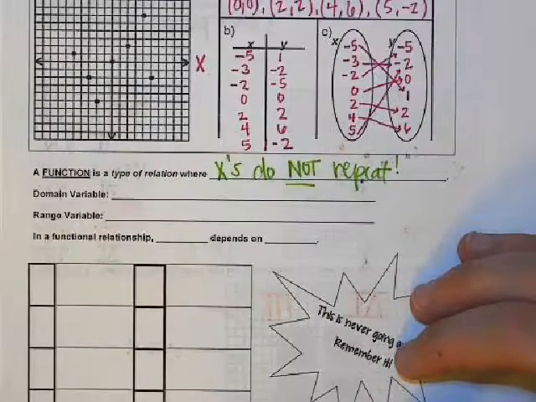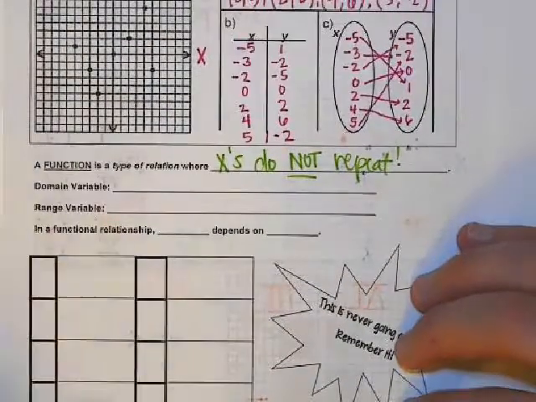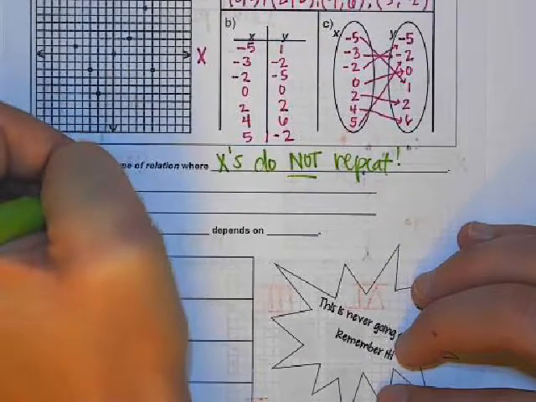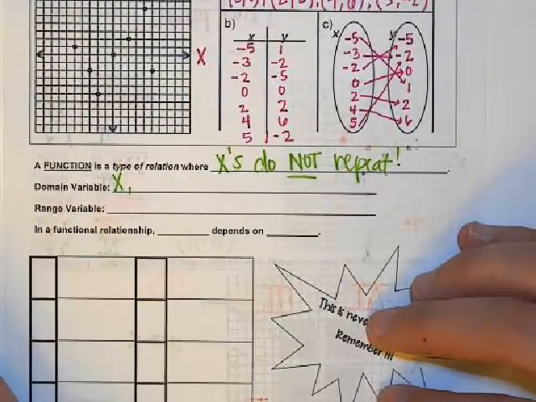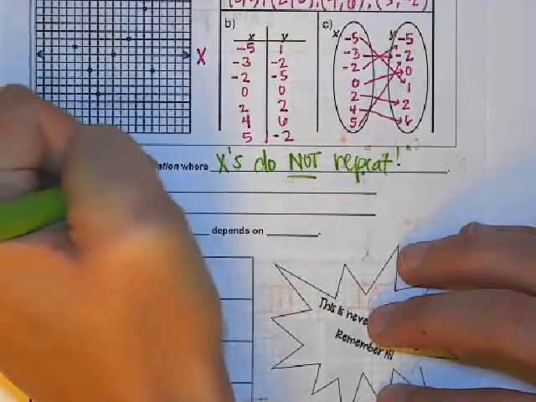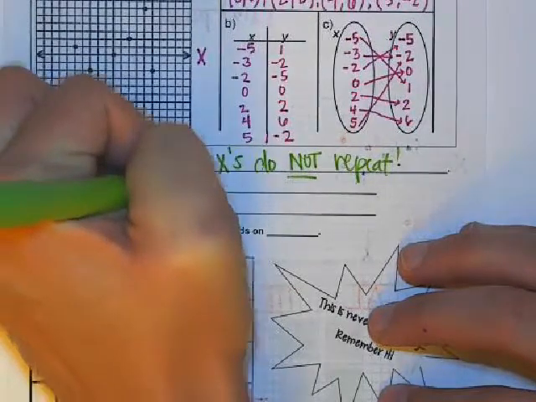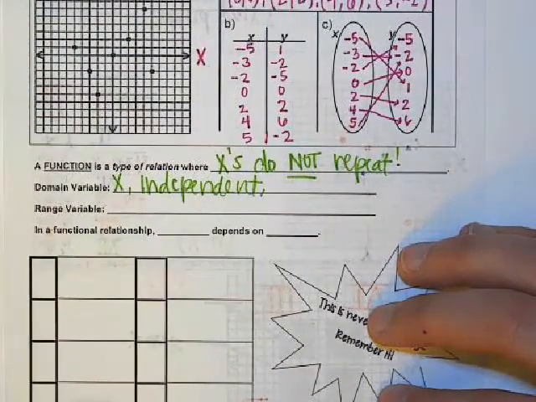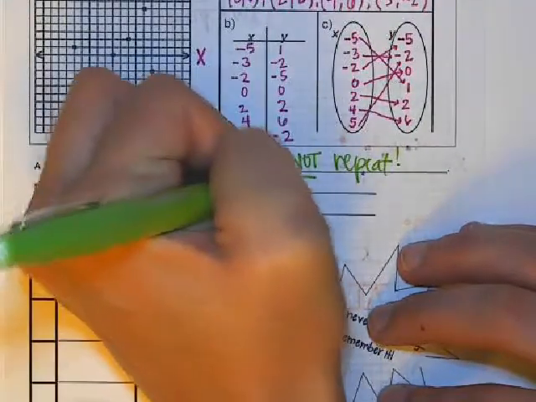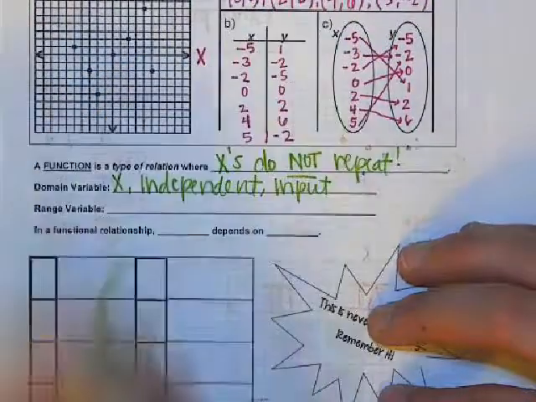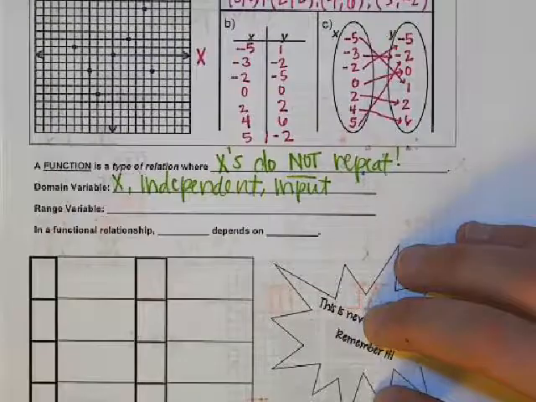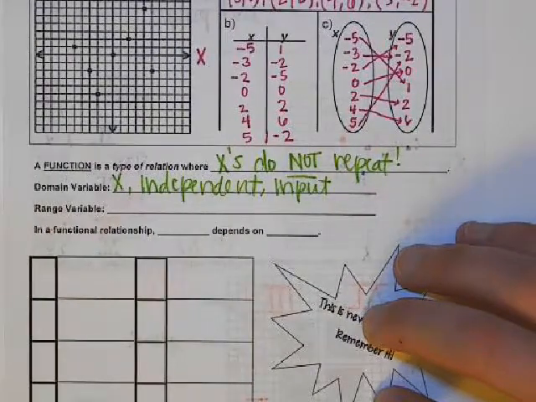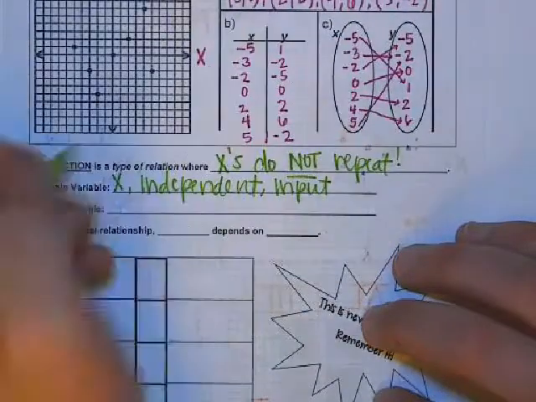All right, my domain variables are your x, independent, and input. Got it. Your y or your range are your y's.